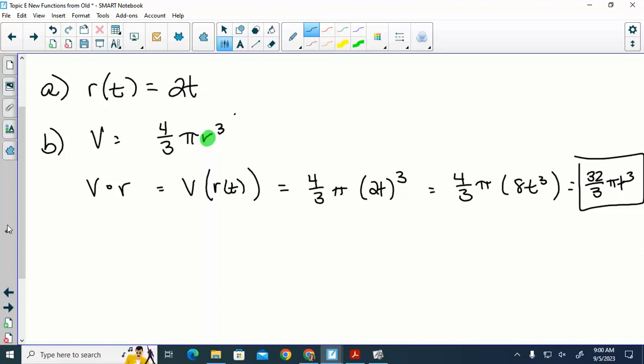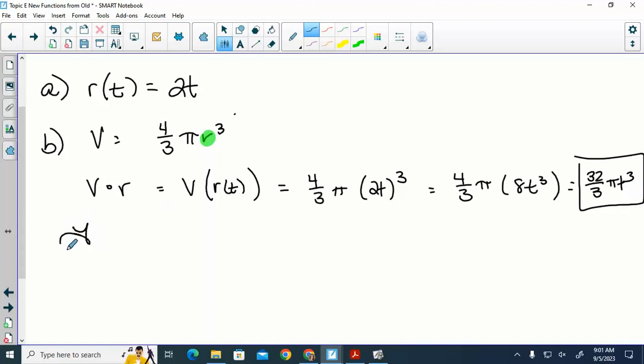It tells me that I need to interpret this. That's like writing a sentence. So what does this volume, or what does this formula find? The volume, what do I have to know in order to calculate the volume for this? Time.